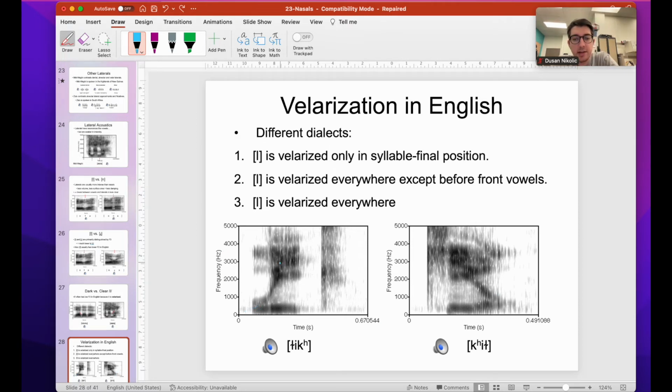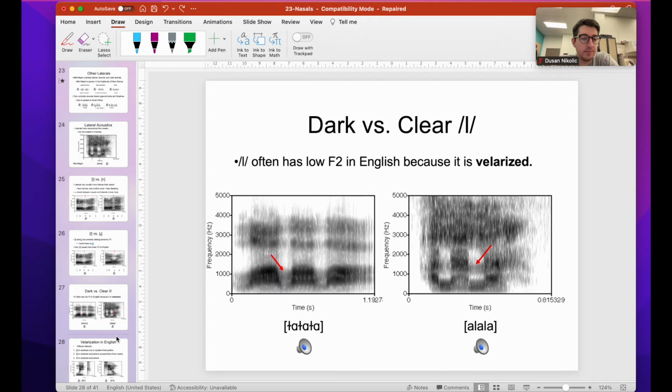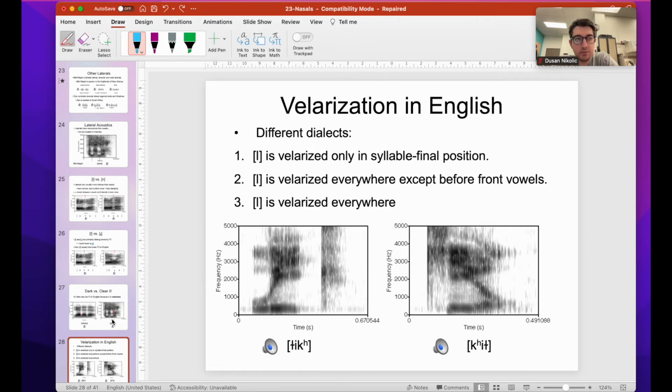think about. This L does not look anything different, or it does look different a little bit from M or N because it's more intense, I think, than these two. And the transition is not so abrupt as in nasals.